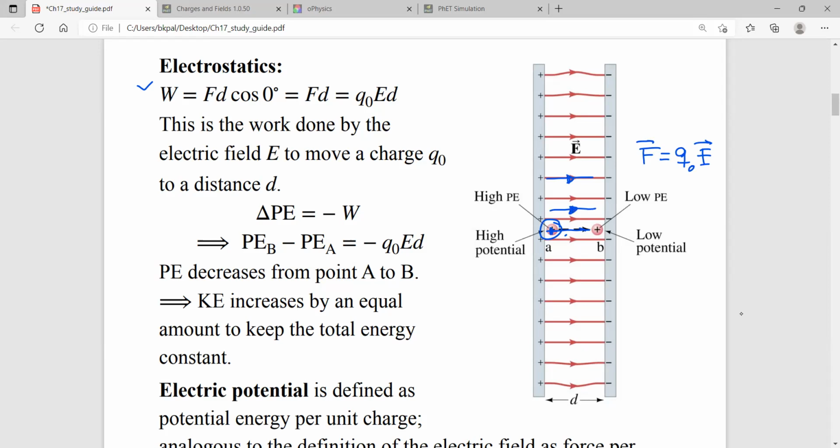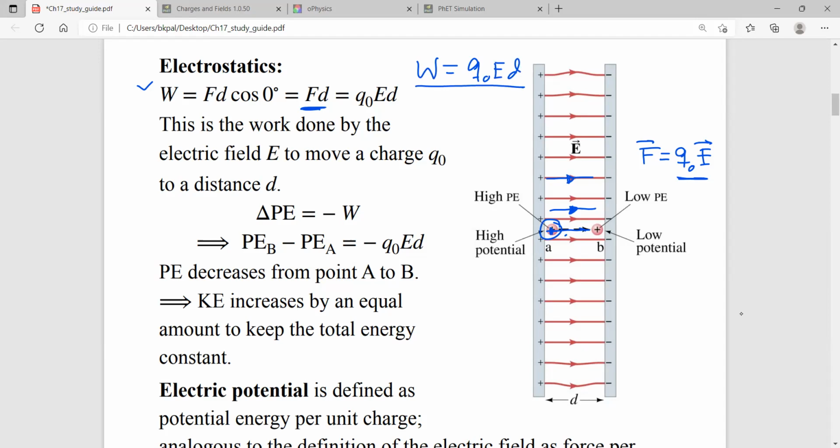So cosine 0 degree is 1. So the work done is F d, and F is Q0 E. So when you substitute it, you get W equal to Q0 E d. Okay, so the work done by the electric field is this.